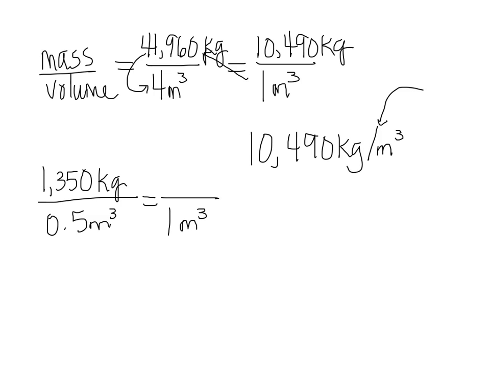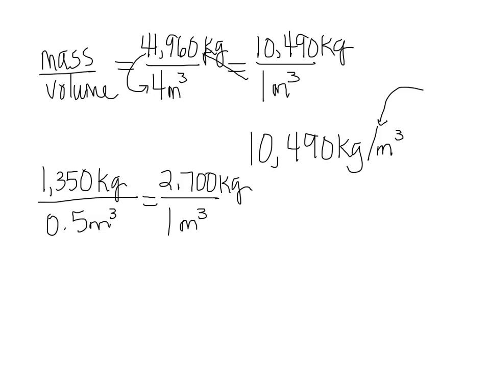Same thing. So you're going to cross multiply. 1 times 1,350 is 1,350. Divide it by 5/10. You're going to get a bigger number. You get 2,700. Put your label on, kilograms. So then you would say aluminum has a density of 2,700 kilograms per meter cubed.